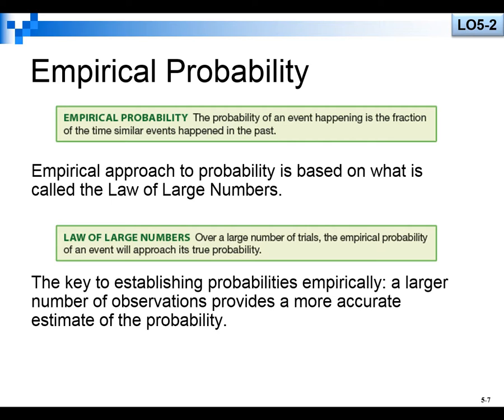The key to establishing probabilities empirically is that a larger number of observations provides a more accurate estimate of the probability. So, for example, if we took our dice example and rolled the die 5 times, and each of those times we got an odd number, our empirical probability based on our trials would be 5 out of 5.